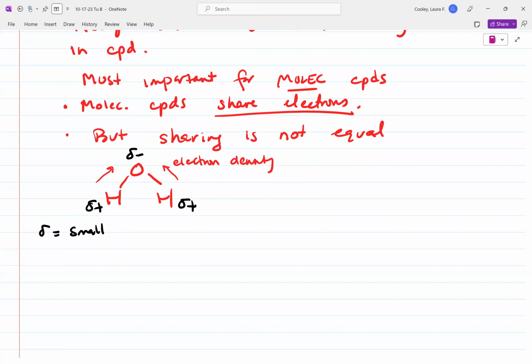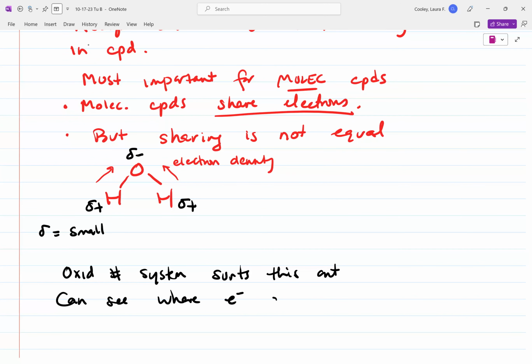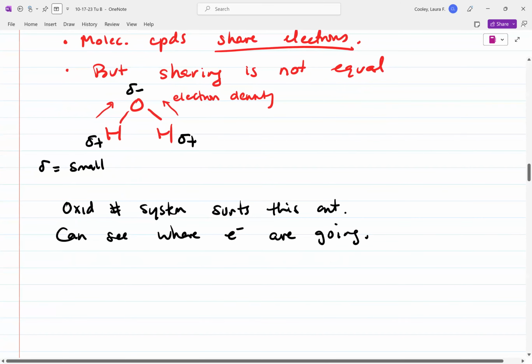The motivation for this is to see where the electrons are going in a chemical reaction. But it is wrong to think of the oxidation numbers in a molecular compound as full charges.